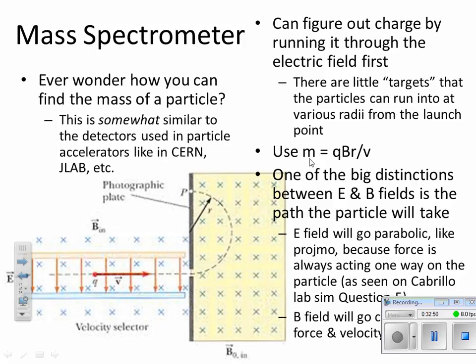You're able to figure out what the mass is. So that's pretty cool. That's a really great application. So you can see with the magnetic field and the electric field, they both affect charges. But remember, magnetic fields only affect moving charges.